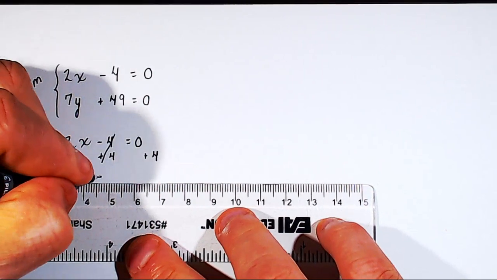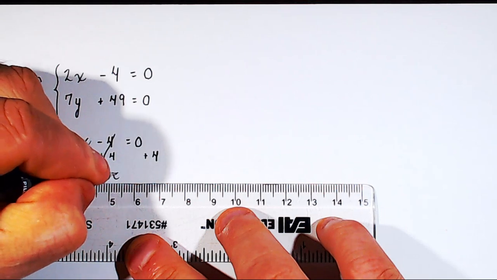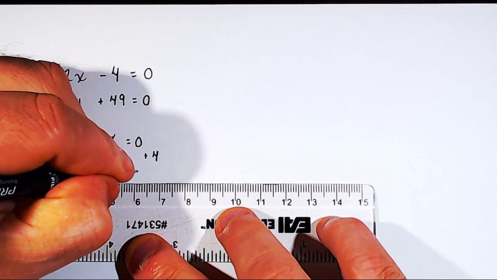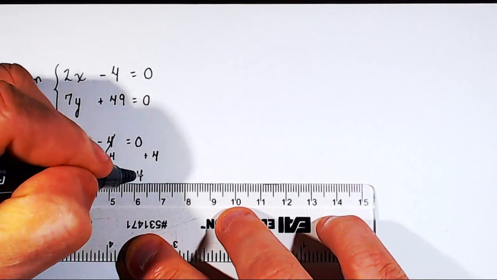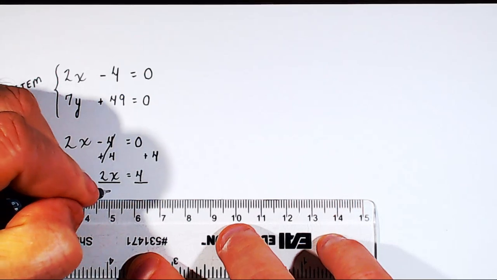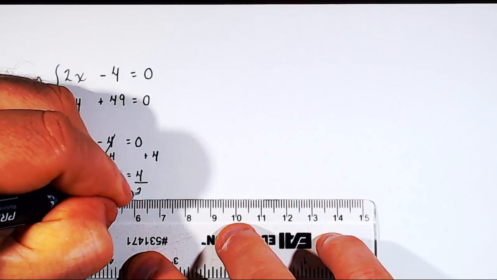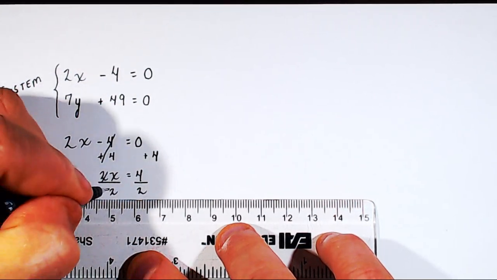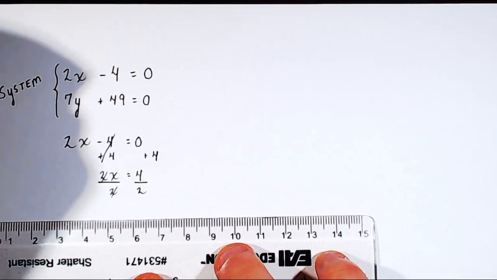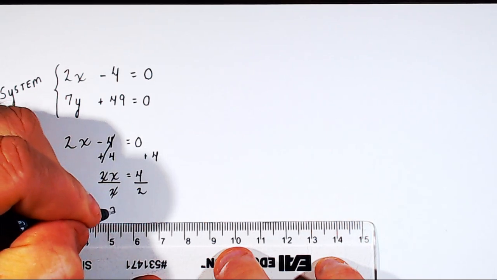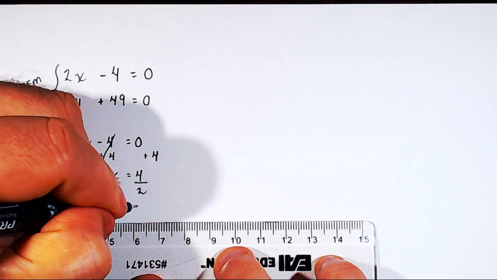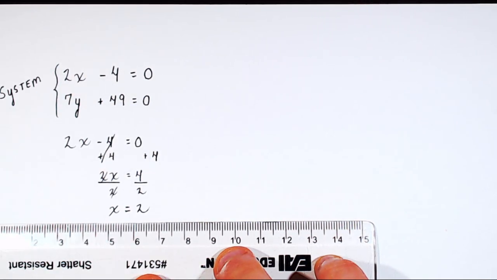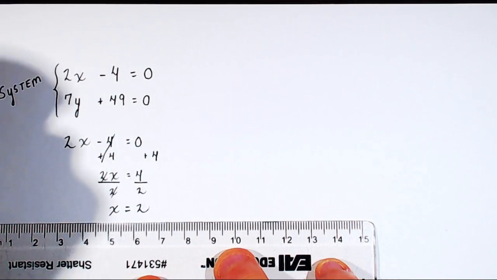And what we're left with is 2x equals 4. If 2x equals 4, then we just divide out the 2 on both sides of the equation. The 2's cancel on the left, leaving x equals 4 over 2, which can be reduced to just 2. x equals 2. Alright, so x equals 2.